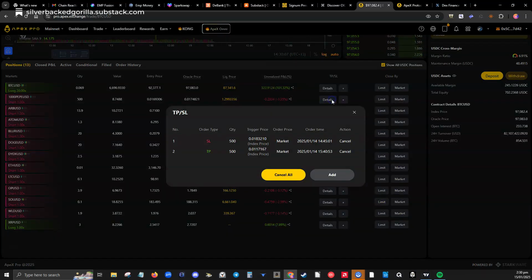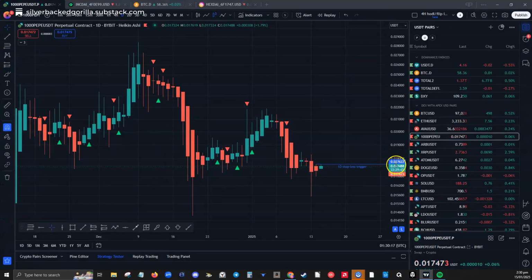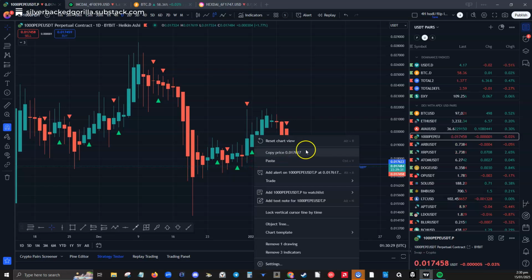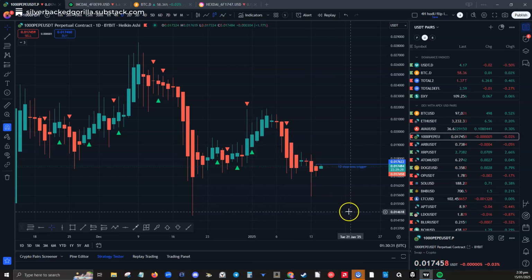So 1,000 Pepe. Stop loss is 0.1832. Let's have a look. 0.1832. That seems higher than where it's set here. Let's have a look. Oh, I must have just fat fingered it and just copy.